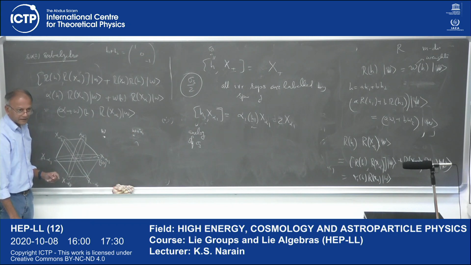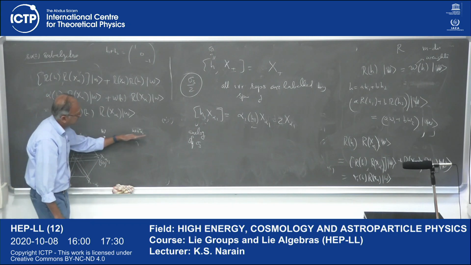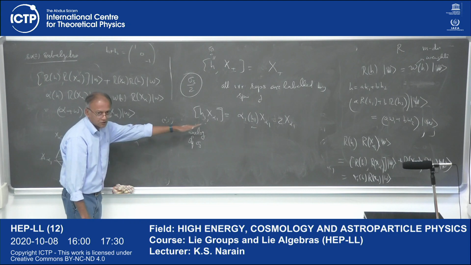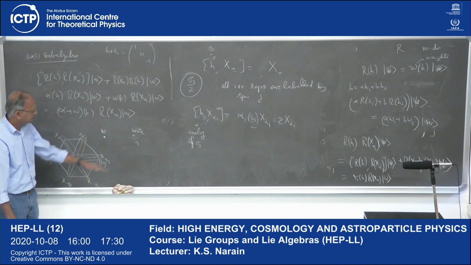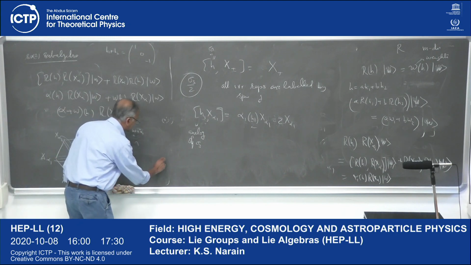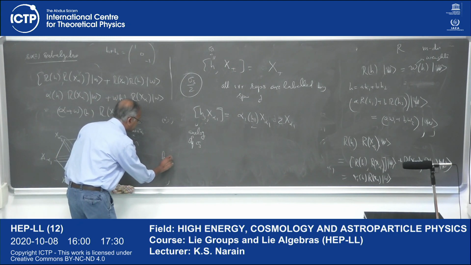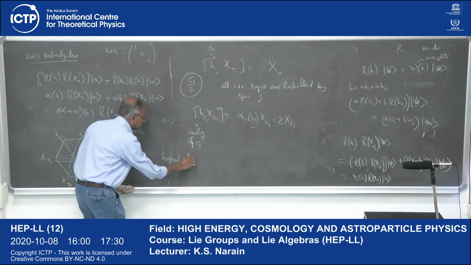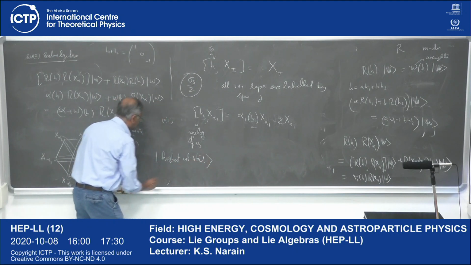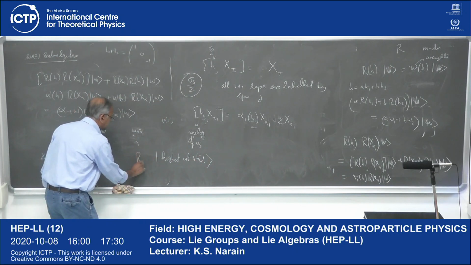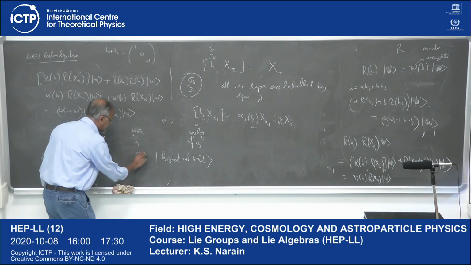If you apply X alpha 1 once more, it goes further, and so on. At some point it should stop, otherwise you get an infinite dimensional state. So there must be a highest weight state which is annihilated by R, the representation of alpha 1.